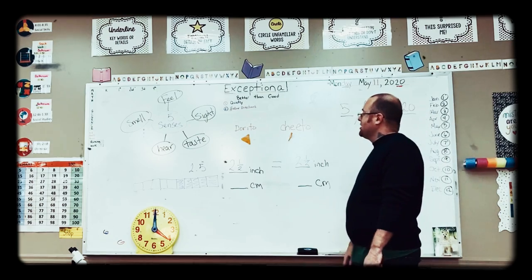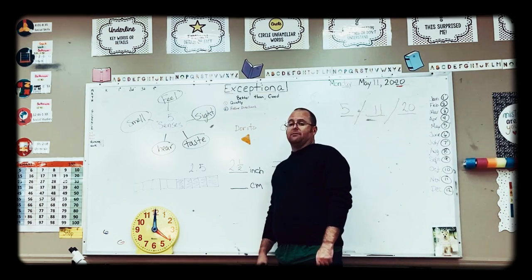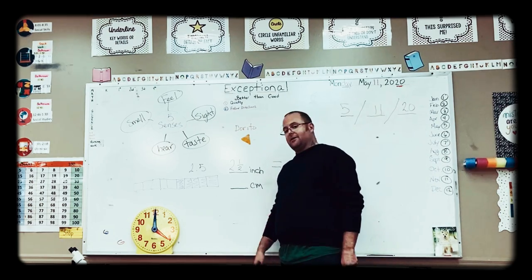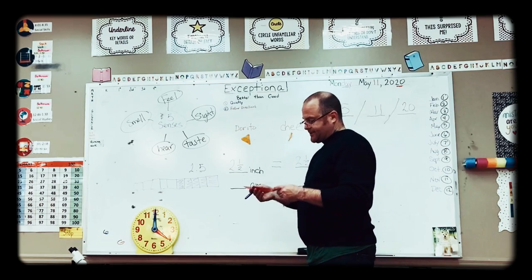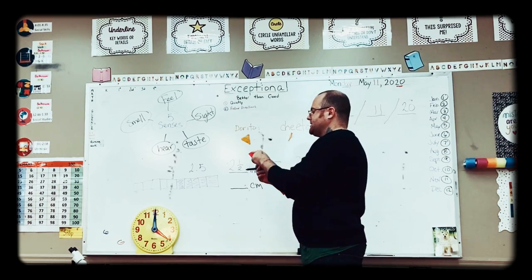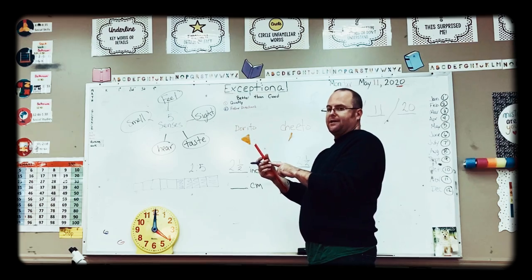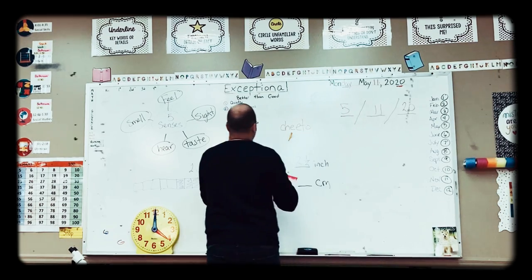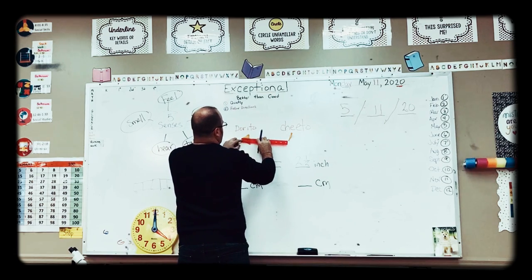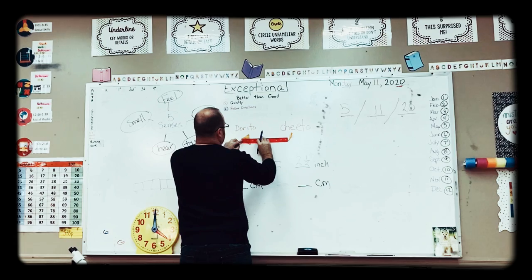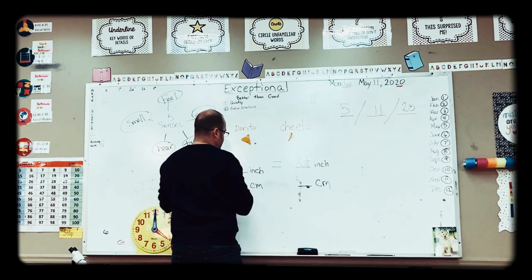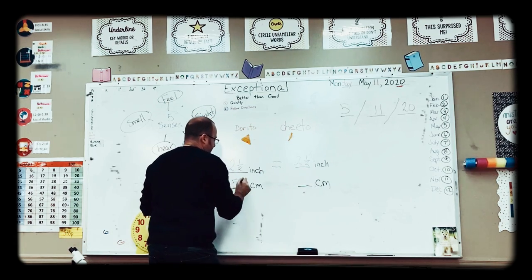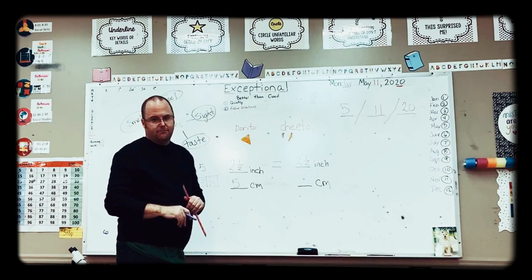So if I'm looking at how tall they are, I want both of them. The size doesn't matter there, obviously. Now let's look at the width. To do the width, I'm going to use the little numbers, and I'm going to do it in centimeters. The centimeters are using the smaller part of the ruler. The Dorito, I'm going to go on the widest and largest part of the Dorito, and the Dorito is 5 centimeters. 5 centimeters.